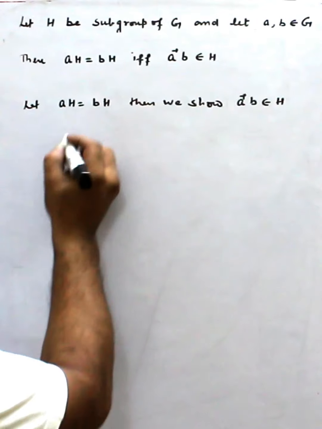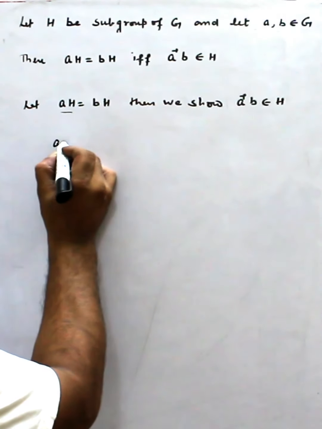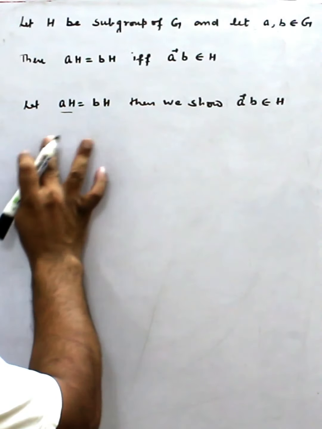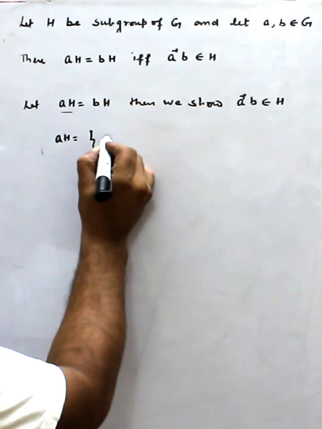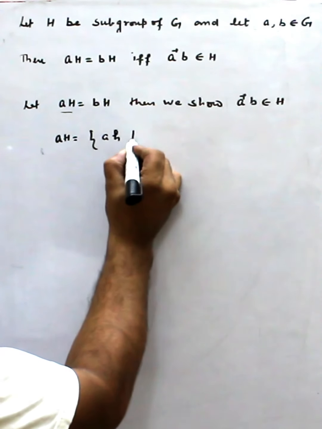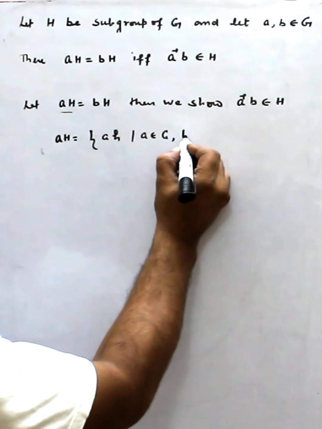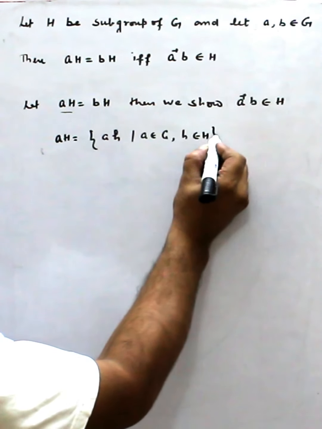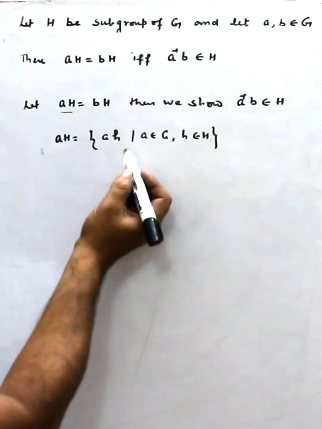We show this. So this means the elements of aH are of the type ah, where a belongs to G and h belongs to H. We know the composition of ah, and similarly bH, where b is replaced.